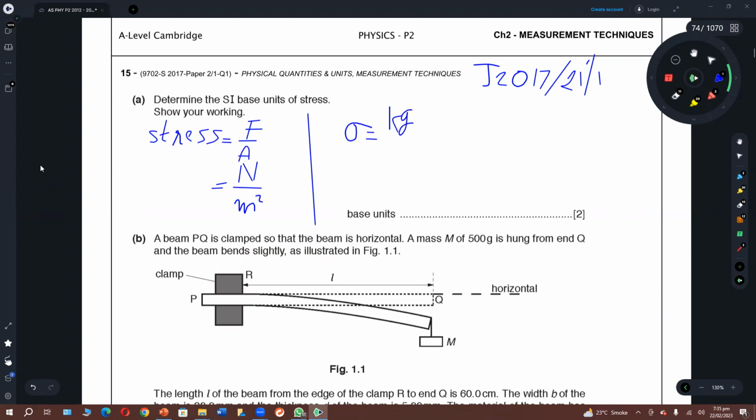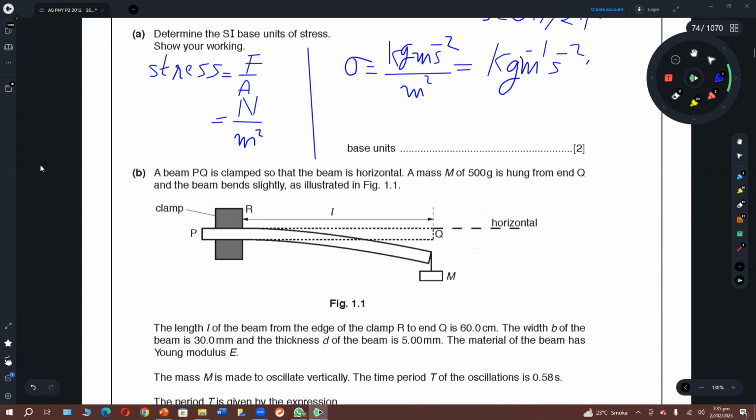Newton is kg m s minus 2 upon meter square. So if I bring meter square up, it will be minus 1, kg, m minus 1, s minus 2.